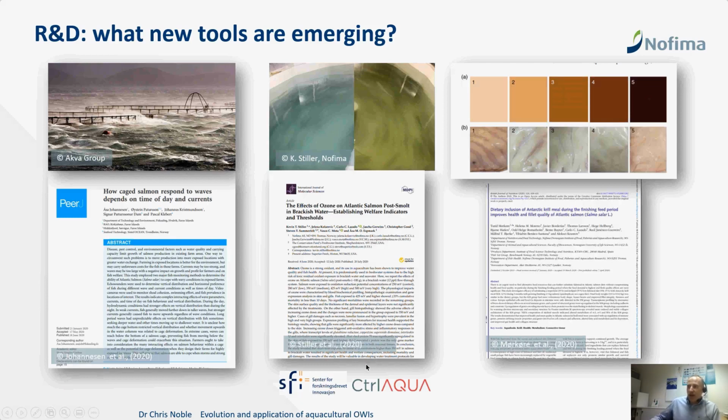And when you start looking at the animal, there are different ways to look at it. You've got all of the external welfare indicators, but you can also start looking closer at internal morphological OWIs. There's a nice paper here by Turi Murkora and colleagues, who developed a liver scoring scale and also a visceral fat scoring scheme. You can find out more information in the paper here.